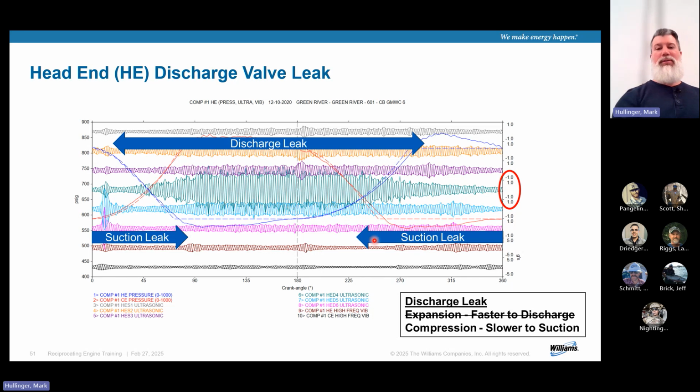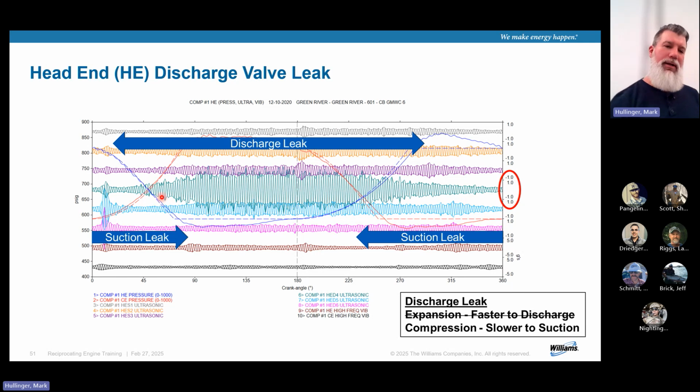So for a suction leak right here, I'm looking at this blue trace. Right here is where the suction valve opens and closes around here. And so a suction leak would happen around right here. So where those footballs line up actually matters. Once you look at a few of these, you're like, oh, that's a suction or discharge without the labels, but it sure is nice to have the cheat, right?